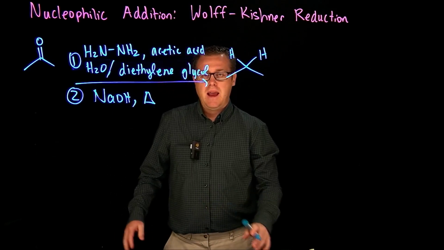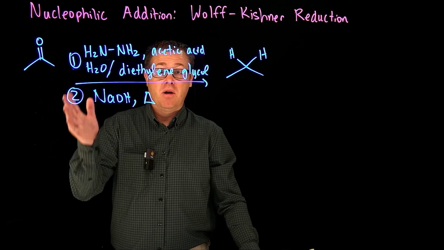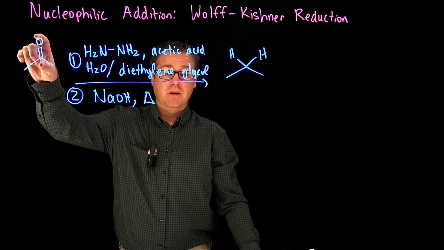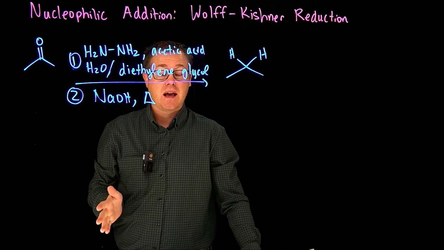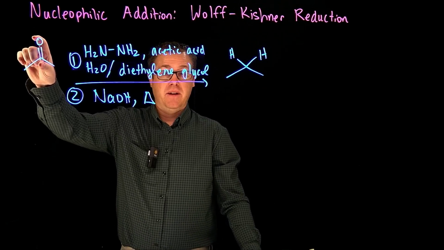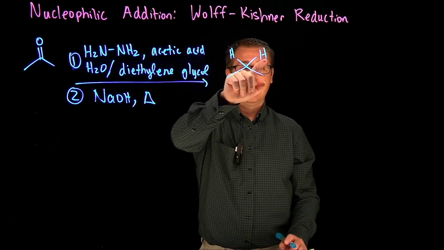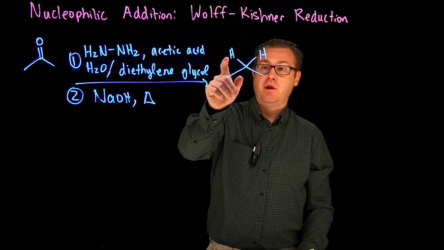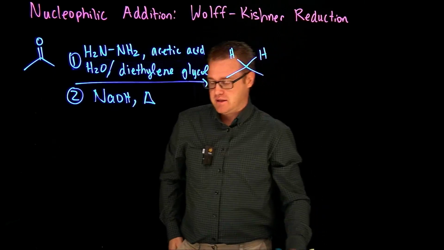So you may encounter situations where you have a molecule that has a carbonyl group attached, a ketone or an aldehyde, and you want to get rid of it. By getting rid of it, you are replacing it with 2 hydrogens.